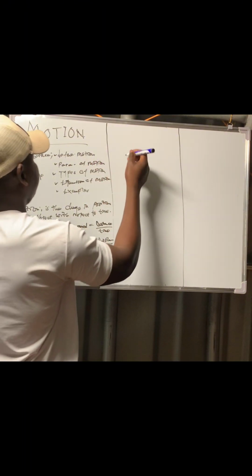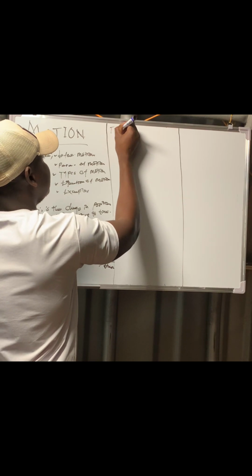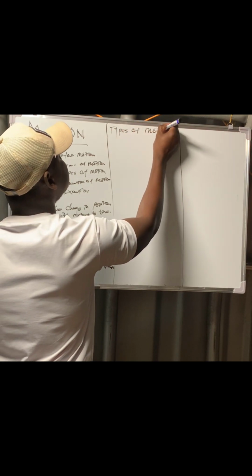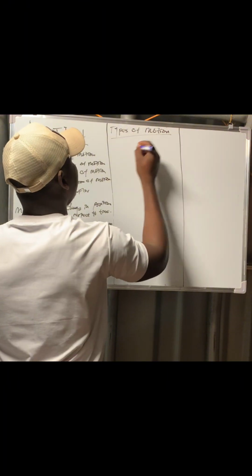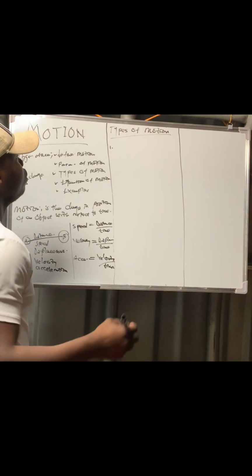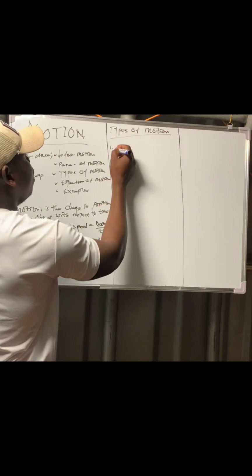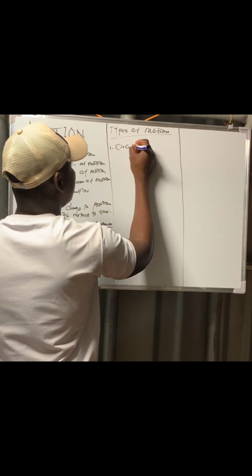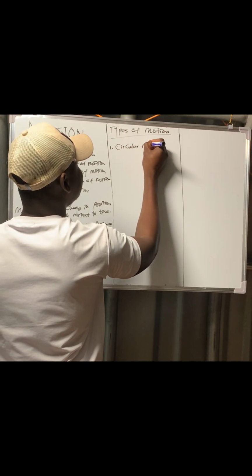Let's look at the types of motion. There are various types of motion, but I'll be considering only four. Let's look at circular motion.